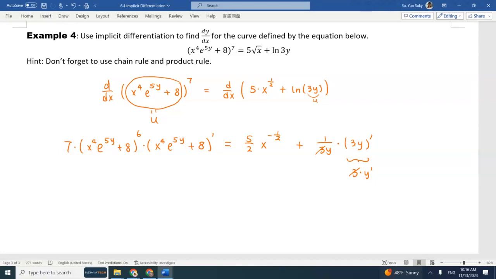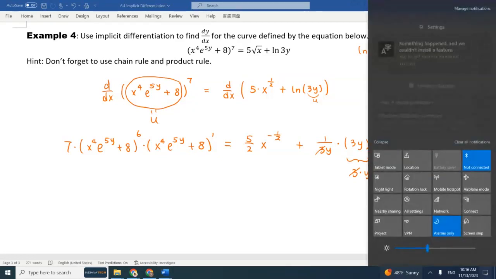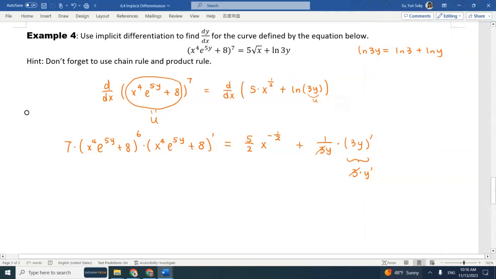And why is that? Do you remember the ln property? ln 3y is ln 3 plus ln y. Yes, it breaks the product into a sum. And then when you take the derivative, do you see the derivative of a constant term is 0?